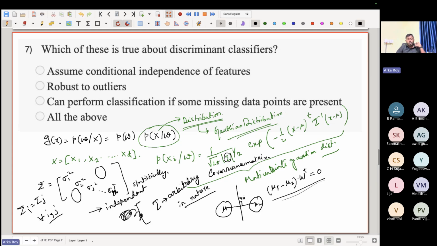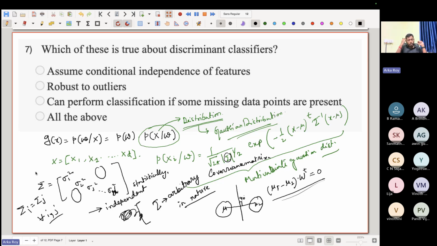So the main motto is, you can see, while we talk about the discriminant function, we have different conditions. We had three different conditions. One is when all the covariance matrices are the same, and the first condition is that all the variances are the same and the off diagonal elements are zero.